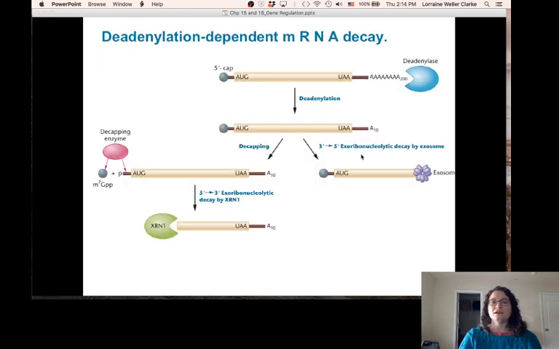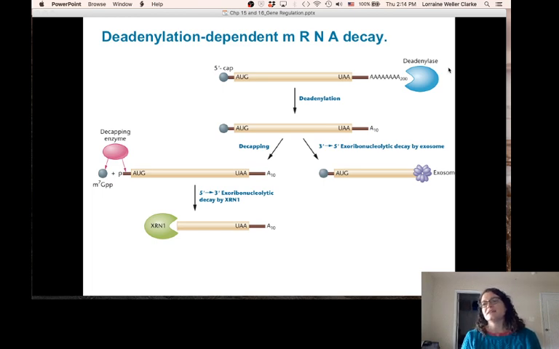And so there's something called deadenylase. It takes off the poly-A tail, basically. So the presence of the deadenylase is important. You don't want random mRNAs that have been there forever floating around.